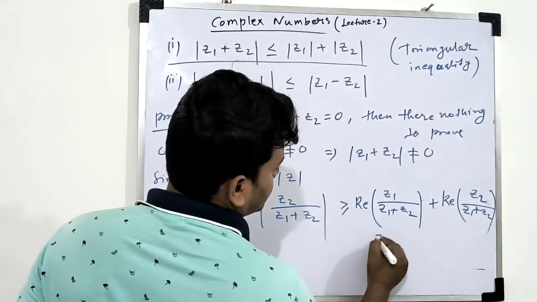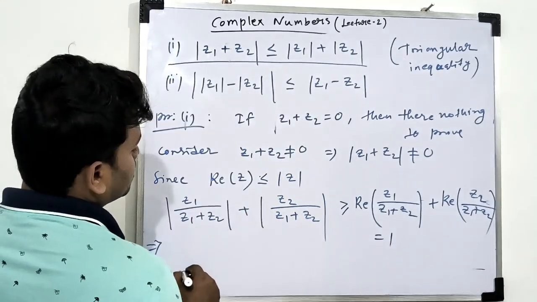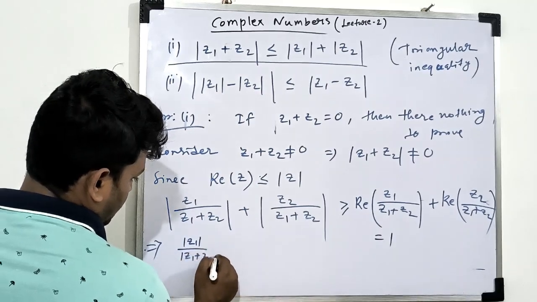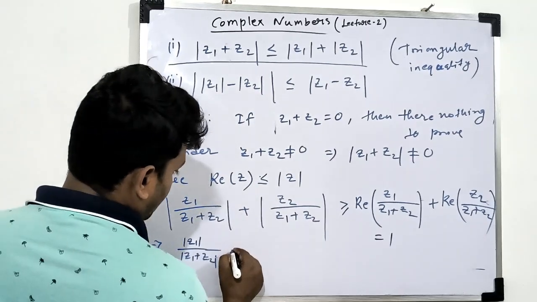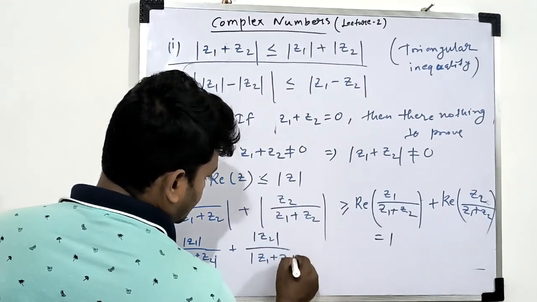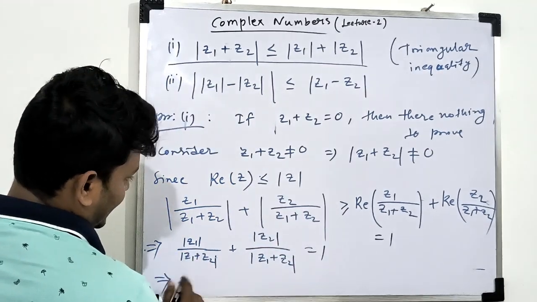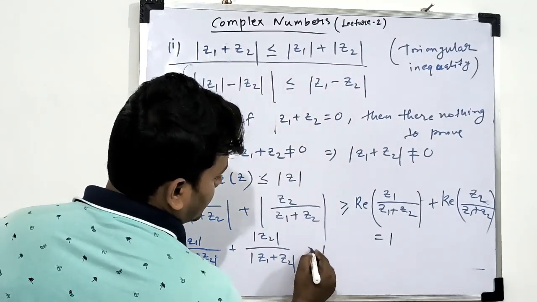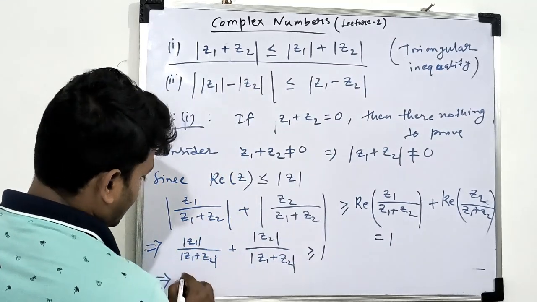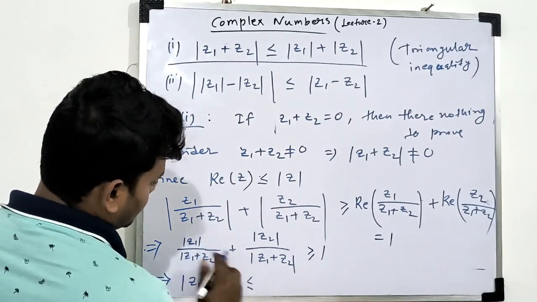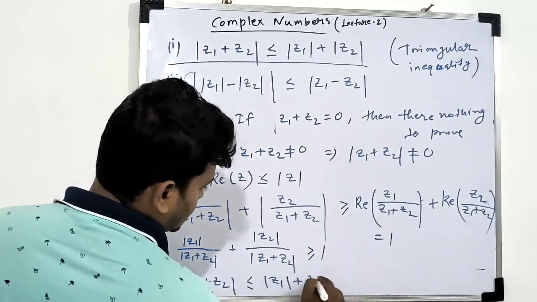So this becomes 1. From this we put mod z1 divided by mod z1 plus z2, using the property of modulus, and this becomes 1. So from this we get that mod z1 plus mod z2 is greater than or equal to mod z1 plus z2.